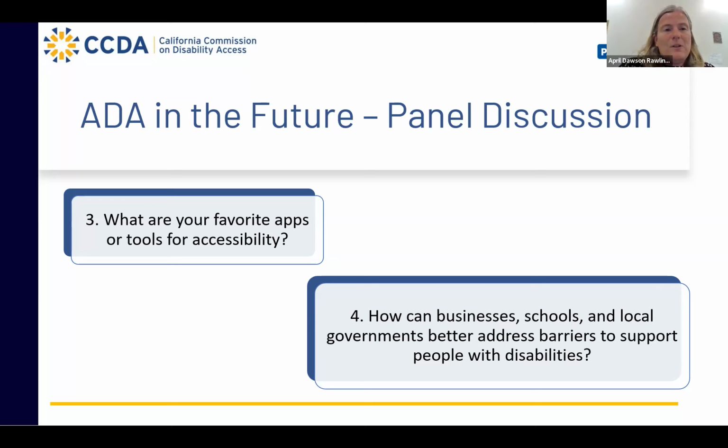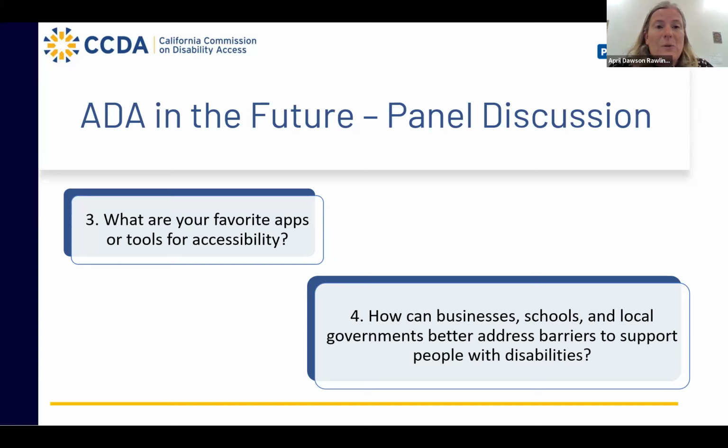Also, if you go to CCDA's website, you can learn more about programs that are available to help businesses in your area afford disability access improvements, such as how to hire a certified access specialist. Those are people who are certified by the state of California to go into businesses and conduct accessibility improvement surveys to check out your business and give you advice on the things that you need to fix.